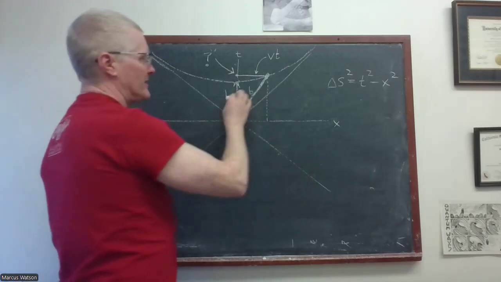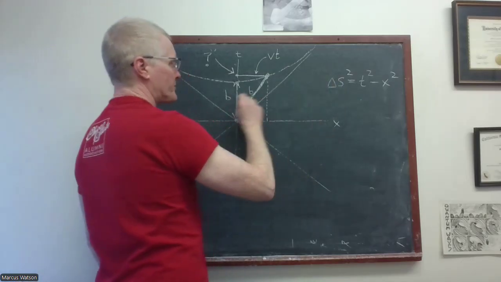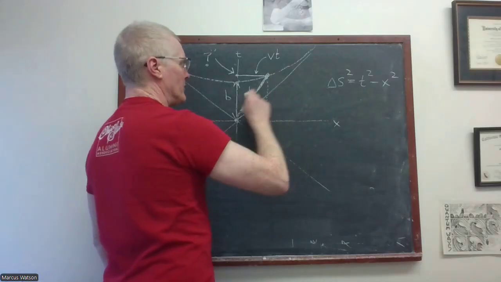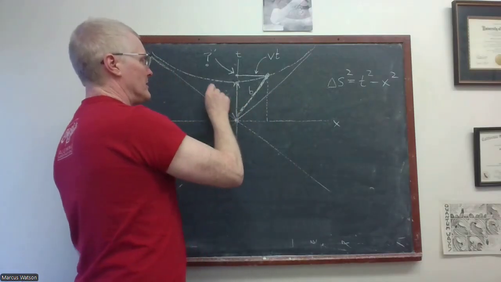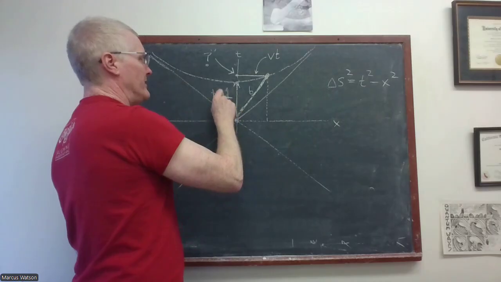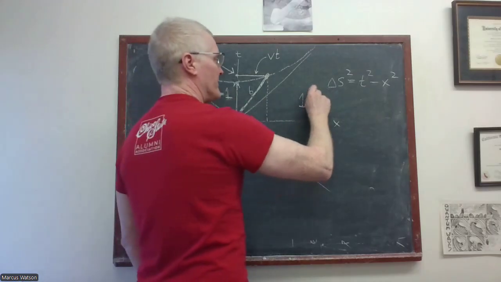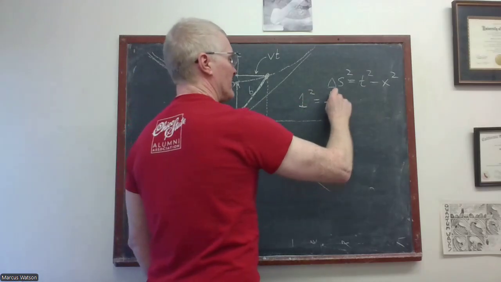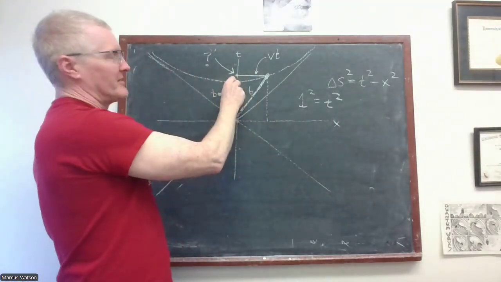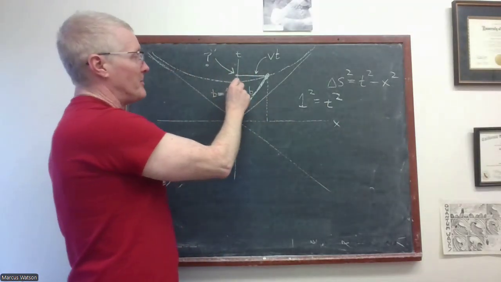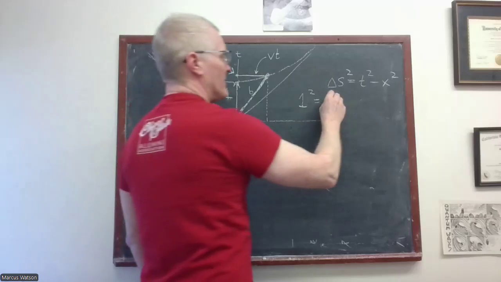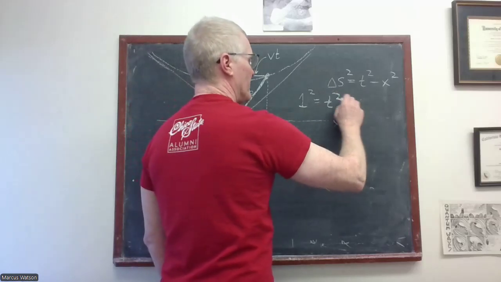And now you'd see that the interval here, say B is equal to 1. So we'll say that 1 squared is equal to t squared minus x squared, but that's nothing here. By the time I get up to here, that's going to equal t squared.